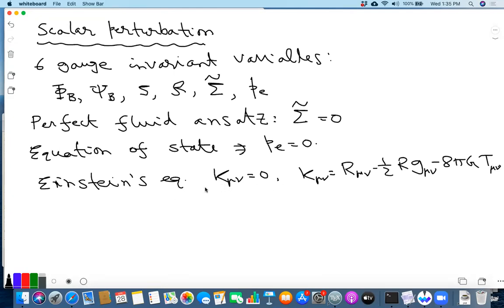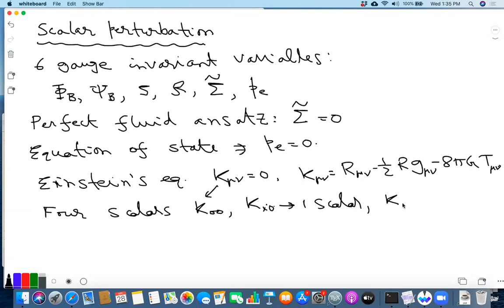Then there are 4 scalars from here, which came from K00, and then Ki0 has 1 scalar because the gradient part is a scalar, and Kij has 2 scalars.